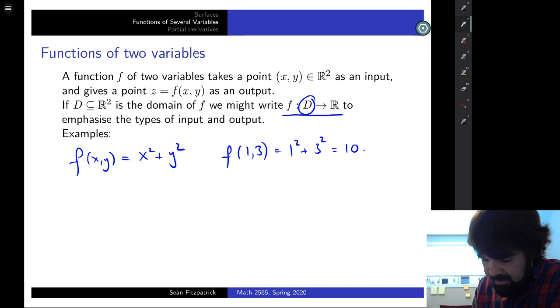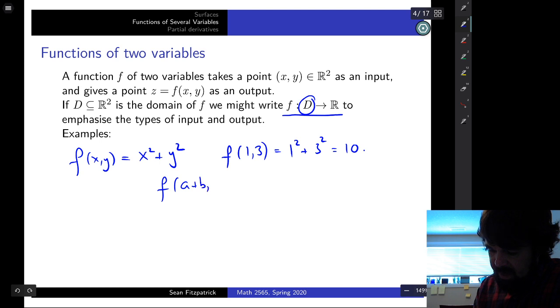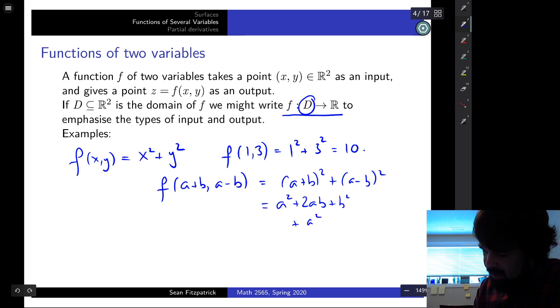If I wanted to do something like f of a plus b, a minus b, for some reason, I would get a plus b squared plus a minus b squared, so I would get a squared plus 2ab plus b squared, plus a squared minus 2ab plus b squared, so I would get 2a squared plus 2b squared.